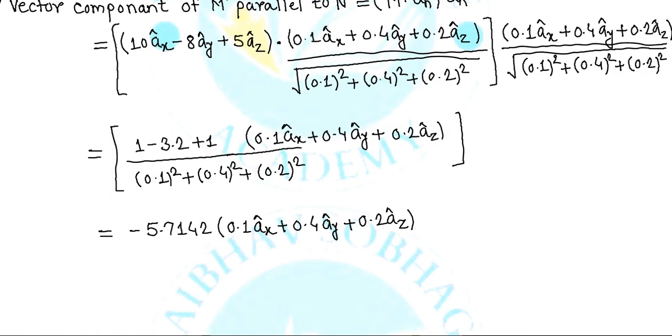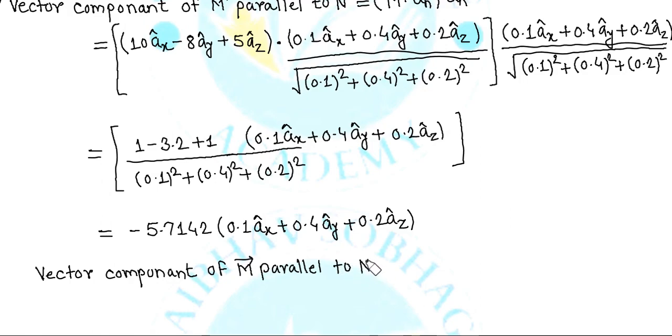So you will find the vector projection, or vector component, of vector m which is parallel to vector n. And what is the answer?